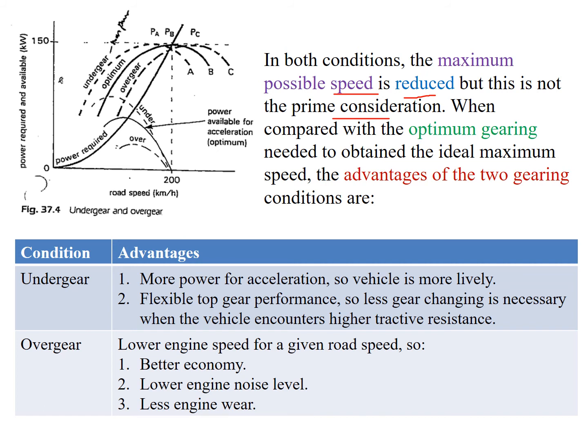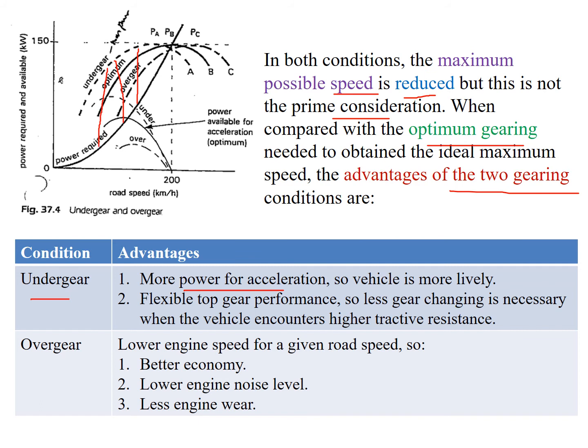Even though maximum speed is reduced, there can be certain other advantages. When compared with the optimum gearing needed to obtain the ideal maximum speed, the advantage of under gear is more power for acceleration, because the vertical difference here is bigger compared to the C1.